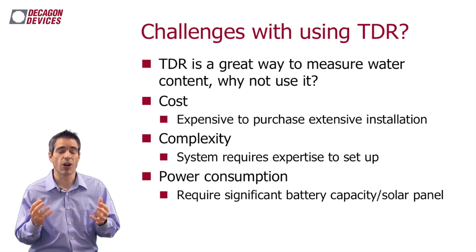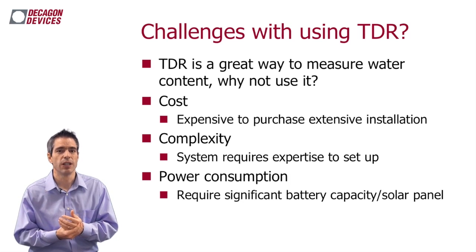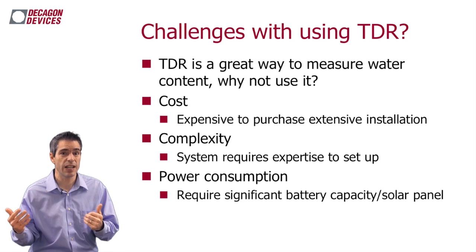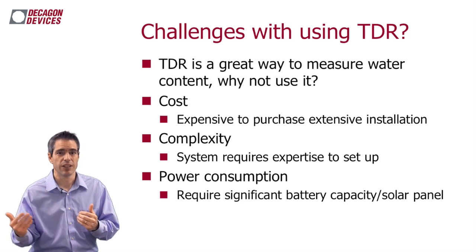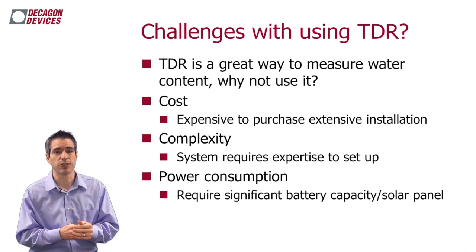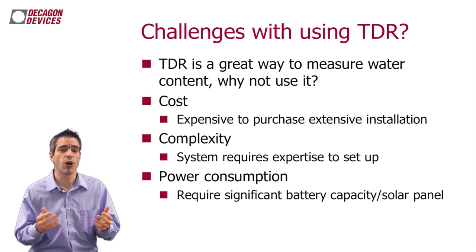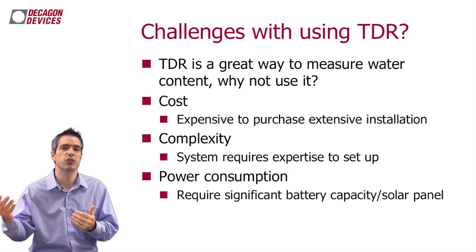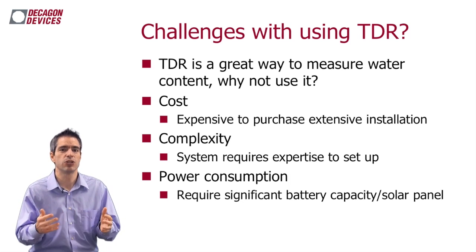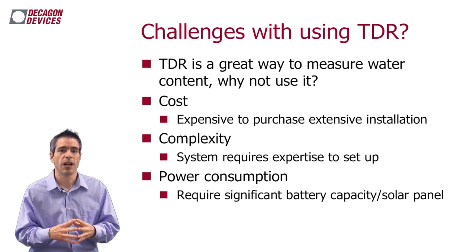These systems are very complex because of the very good technology that's used inside them, and so setting up systems and maintaining them creates challenges. Finally, power consumption. These do require more power to run, and so will require things in the field like solar panels and larger batteries to get a season's worth of data out of them.